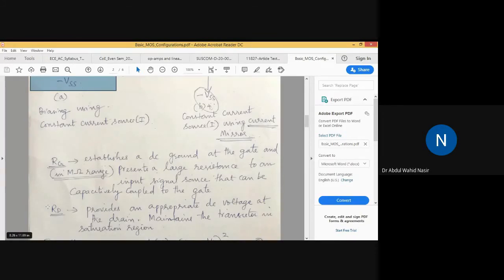What is the requirement of biasing in a MOSFET? First, you should be in the saturation region, and we should have an appropriate drain current. That is the biasing objective of a MOSFET circuit. So RD, the drain resistance, helps in achieving that.